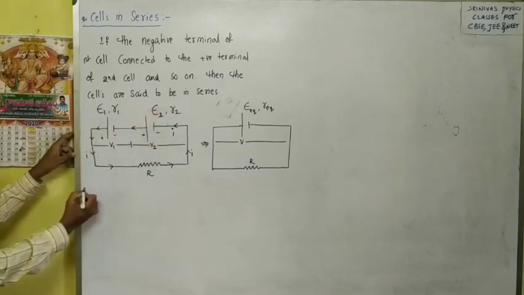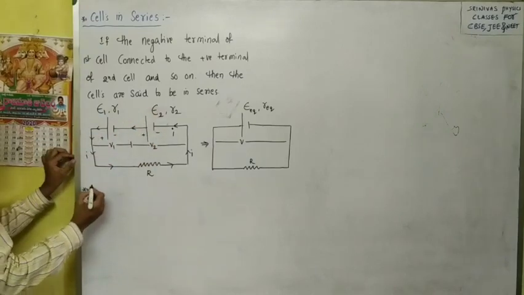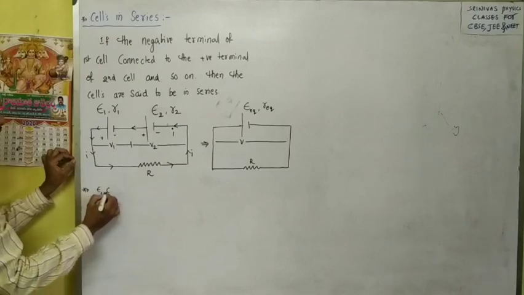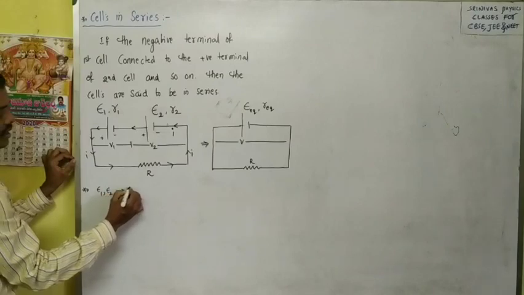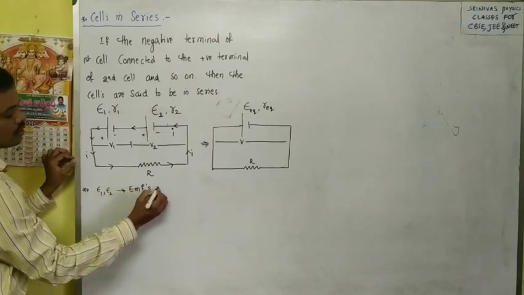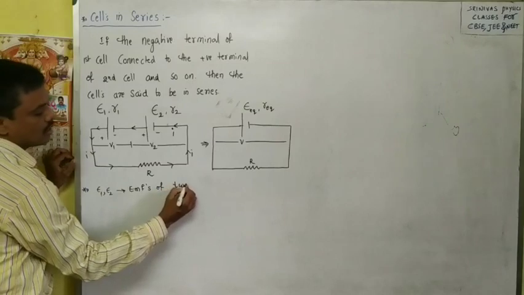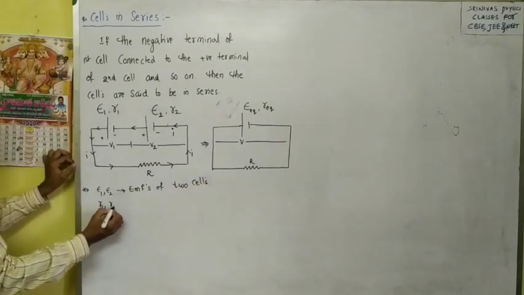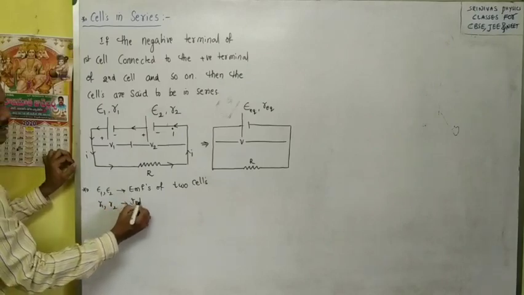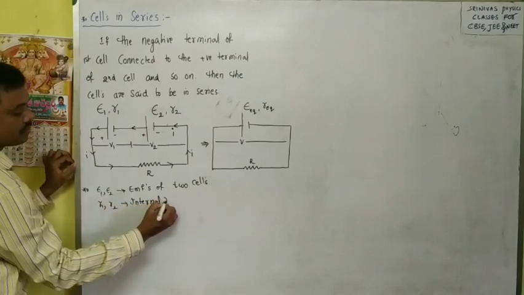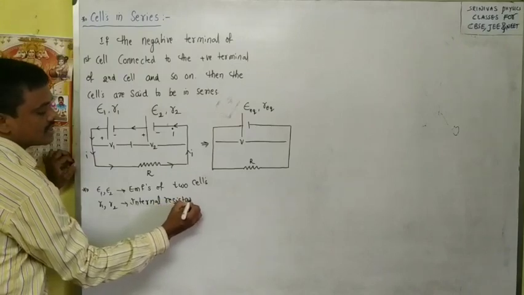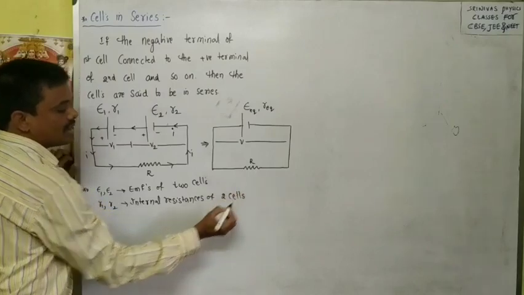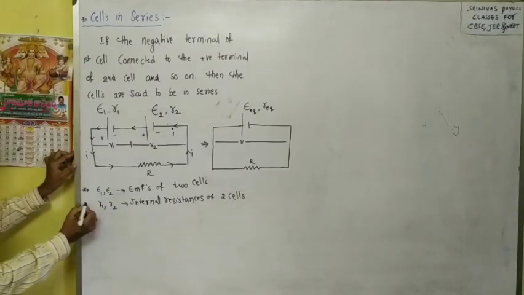Now I want to find out the effective EMF. For that, E1, E2 are what? E1, E2 are the EMFs of two cells, right? And R1, R2 are what? Internal resistances of two cells. Then what is E equivalent?